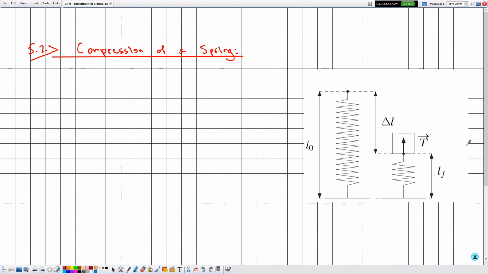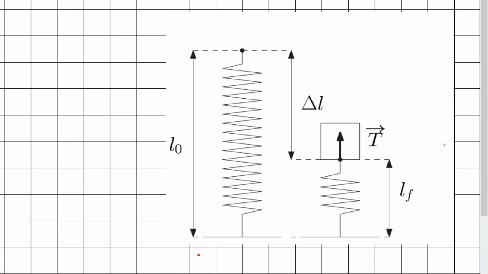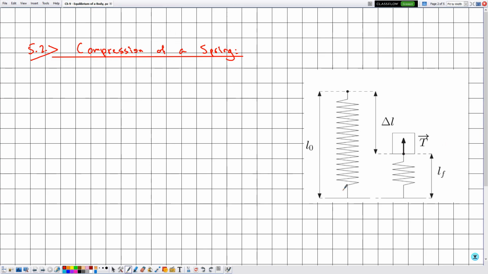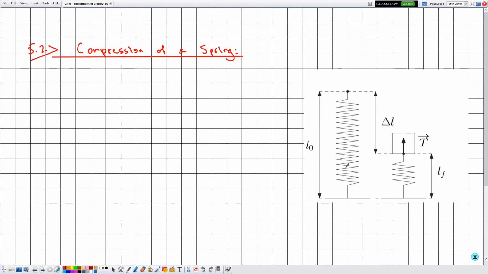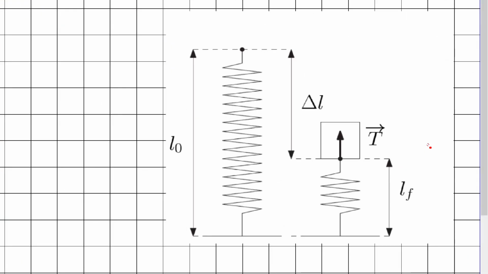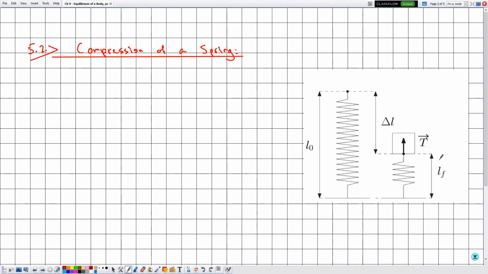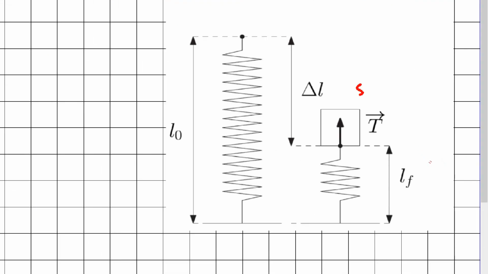Now here in the following document, we also have a support, but in this case you can consider the support to be a table, and in this case the support is a ceiling, for example. So now the spring is placed on the support, and this is the free length of the spring, in which there is no mass connected to the spring. Now in this case we place a solid S having a mass m on the spring.